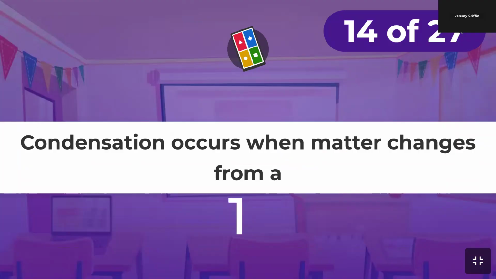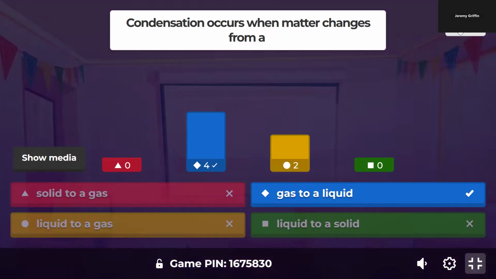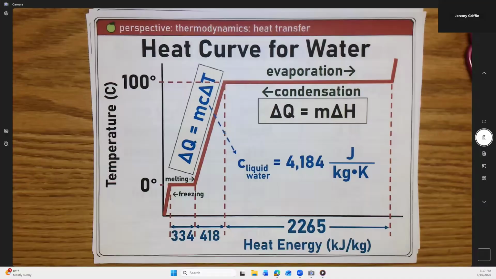Condensation occurs when matter changes from gas to a liquid, which, if you're paying real close attention, did show up on this one right here.